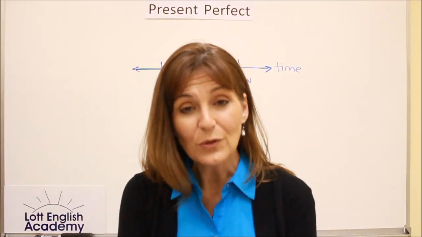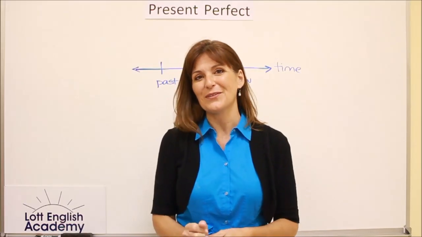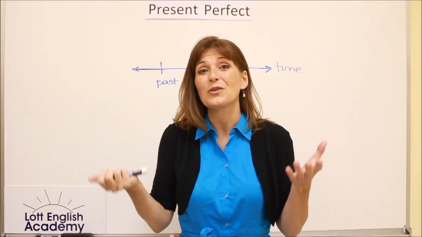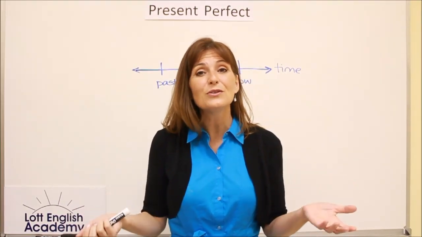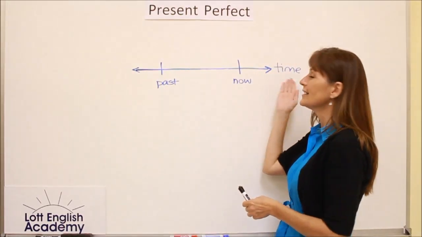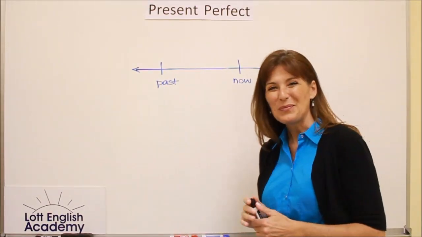Now, in order to understand the present perfect, the first thing we have to understand is the situation. When do we use the present perfect? We have here a timeline to help us.